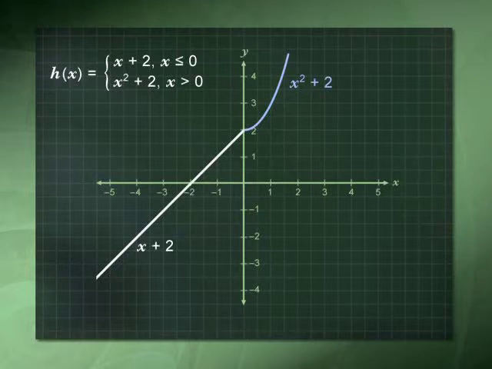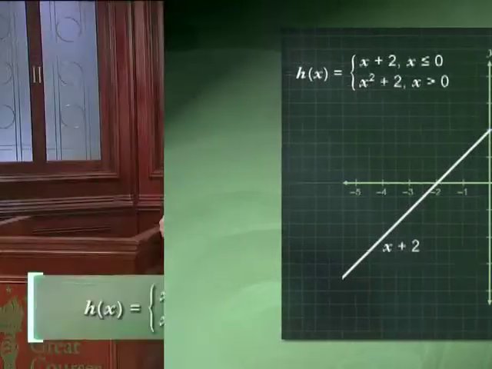It's clearly continuous to the right, because that's the parabola. The only problem is what happens when x is 0? Well, thank goodness it's glued together correctly. The two pieces of the function agree when x is 0, so that function is continuous for all x.